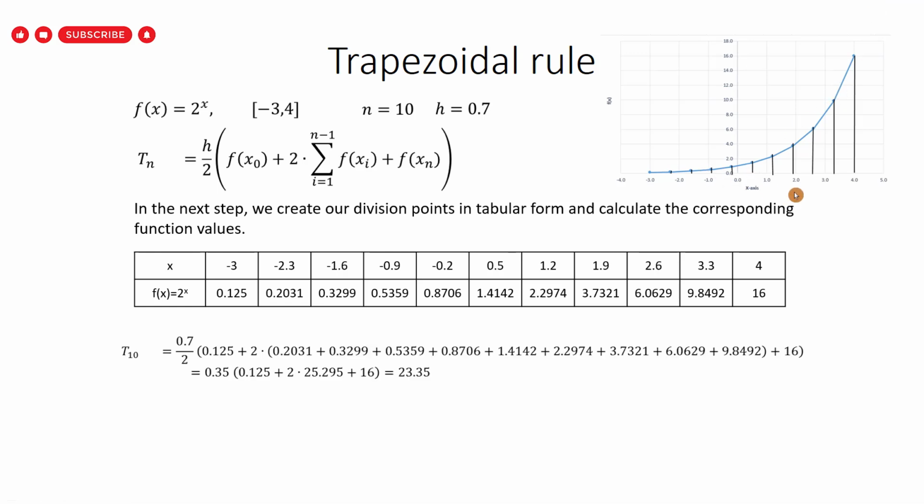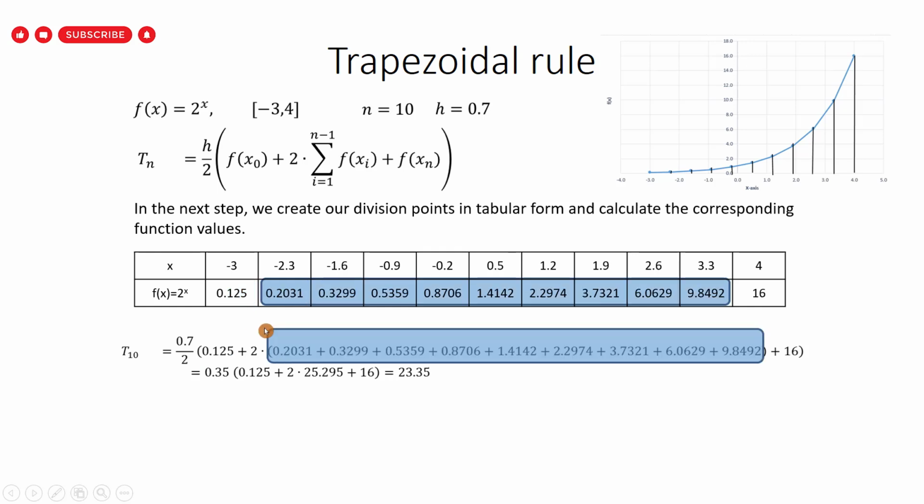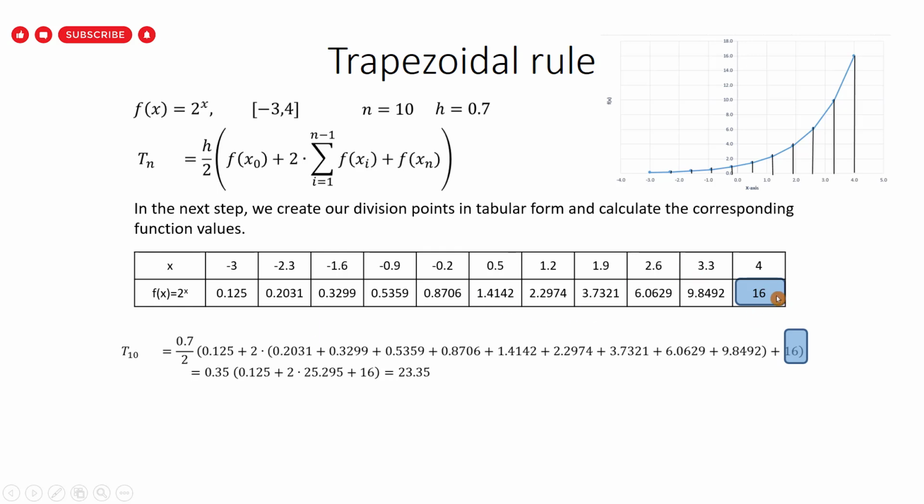Okay, that is the trapezoidal rule. Just replace the symbols with the values we have. Let's evaluate the area by the trapezoidal rule. It equals 0.7 over 2, and we put the first y value, which is 0.125, plus 2 multiplied by the summation of these intermediate y values, plus the last y value for xn.